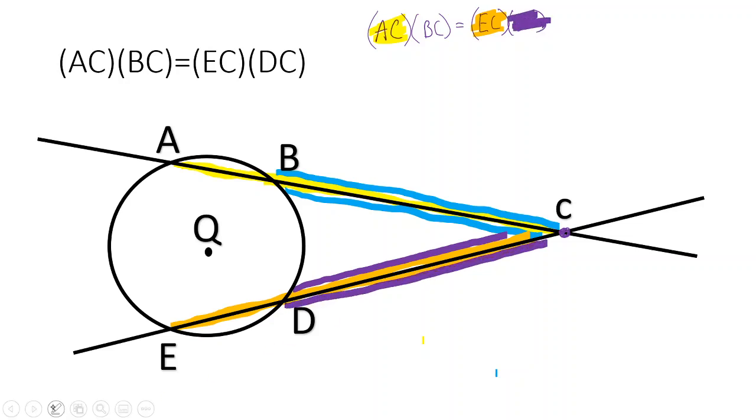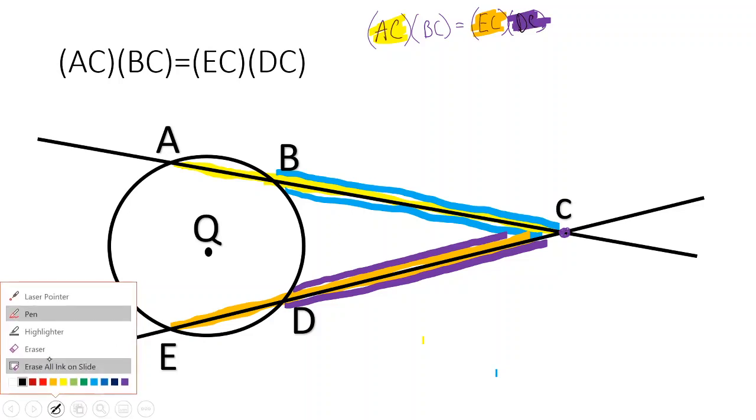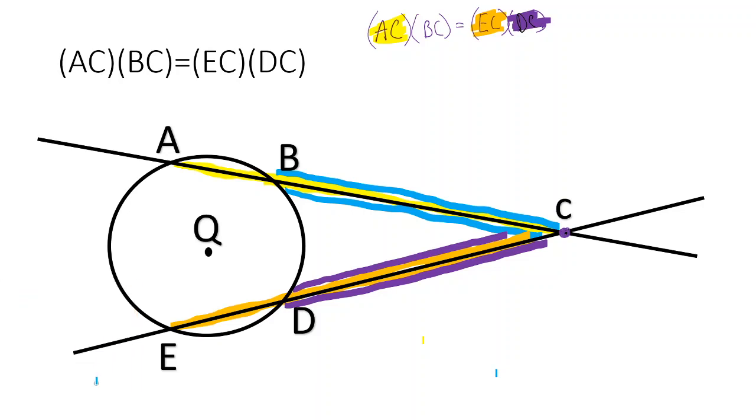Oh, that purple doesn't highlight over purple very well. Let's write that in there, DC. And BC should be highlighted so we can really see what we're talking about. I'm taking my time here because I'd like you to see exactly what we're looking at. The yellow times the blue equals the orange times the purple.